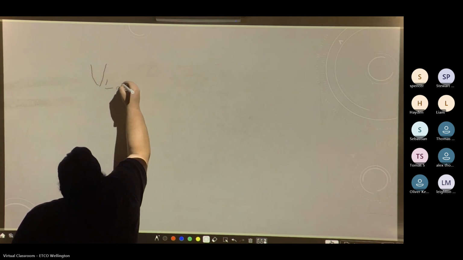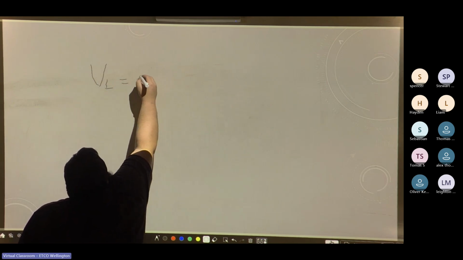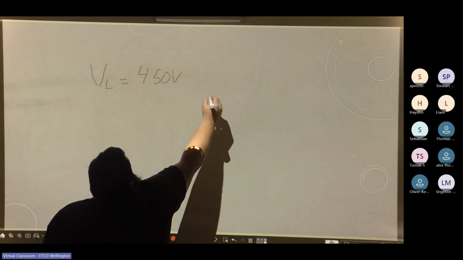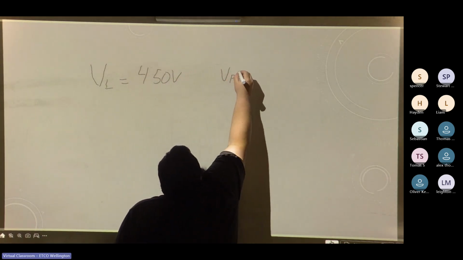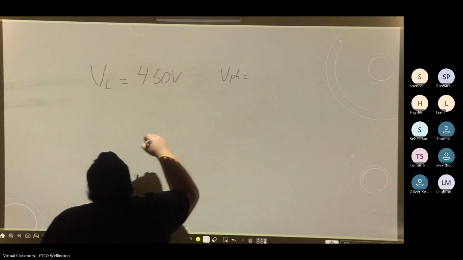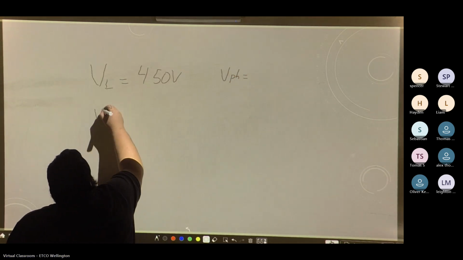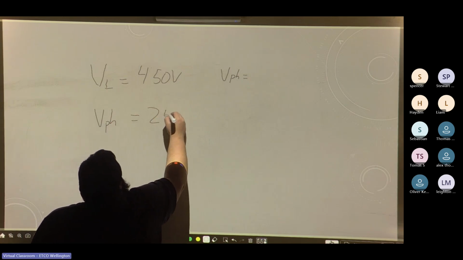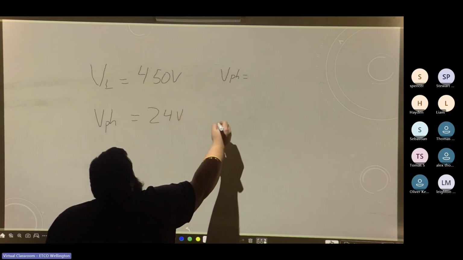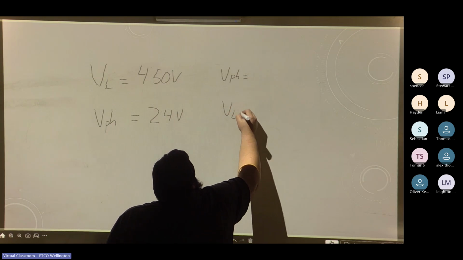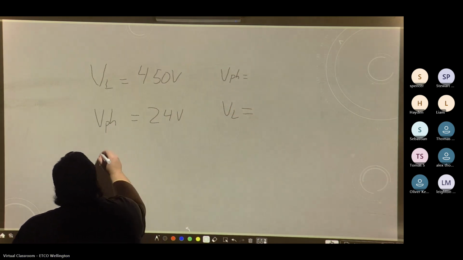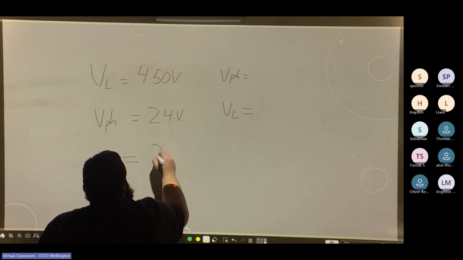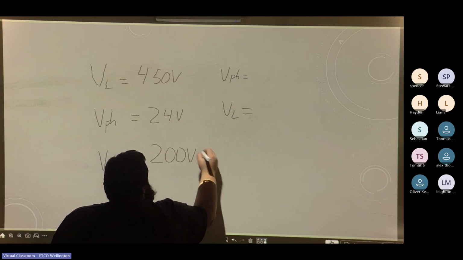Your VL equals 450 volts. What is your voltage phase? Your voltage phase equals 24 volts. What is your voltage line? Then voltage line equals 200 volts.